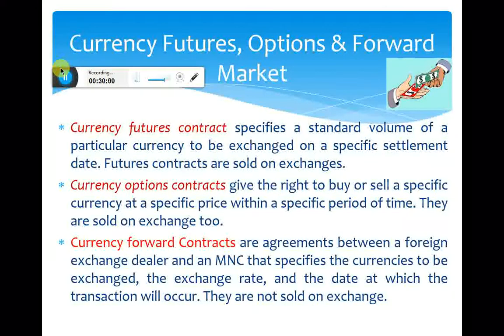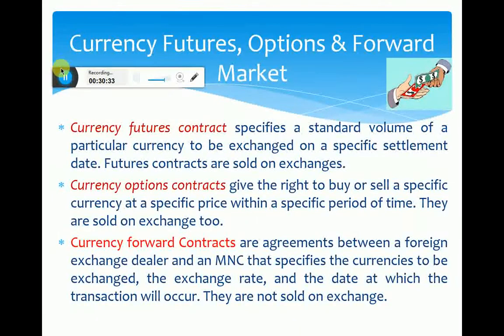What is an option? An option is a contract which gives the right to buy or sell a specific currency at a specific price within a specific period of time. They are sold on exchanges, the foreign exchange market too. Okay, so in a futures contract there was a standard volume of a particular currency, but here there is a right to buy or sell currency at a specific price, right?